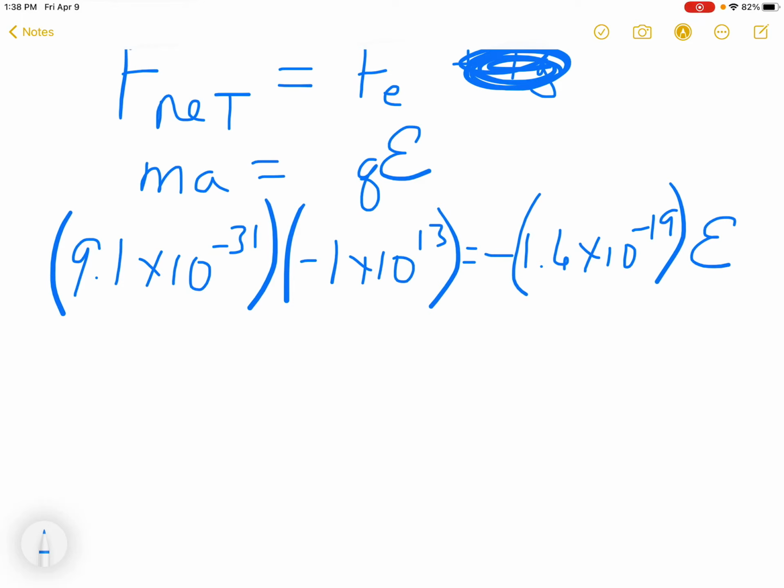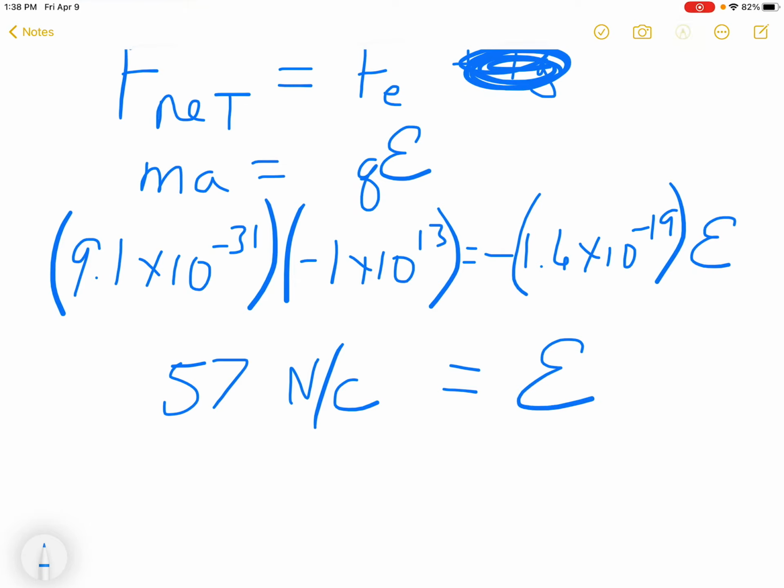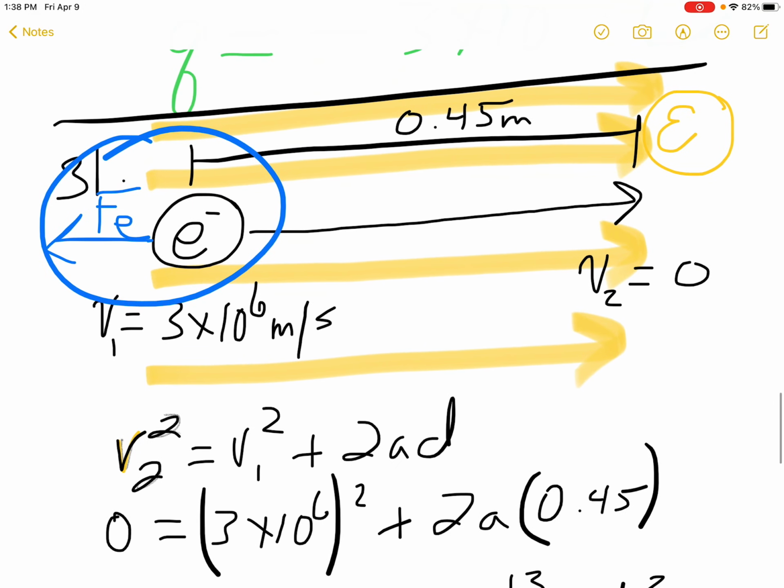And so then when you multiply all this out and you divide and you solve for the E, you get about 57, and that would be newtons per Coulomb, and that is your field strength. And the positive number comes out because, look at the way we drew our yellow lines, positive.